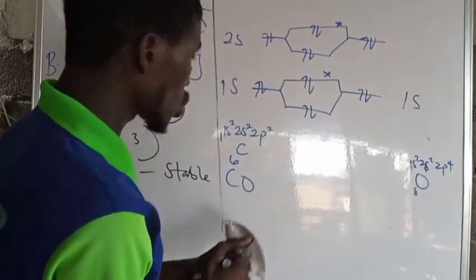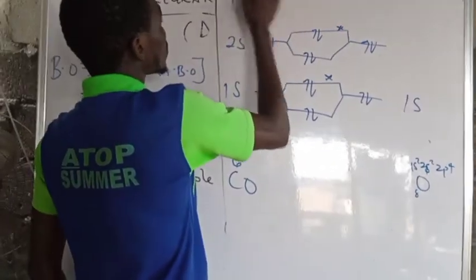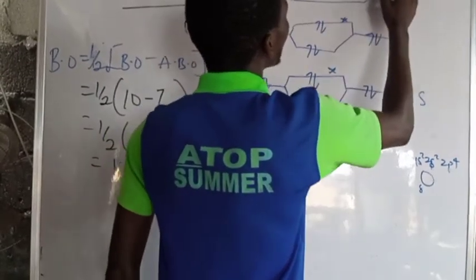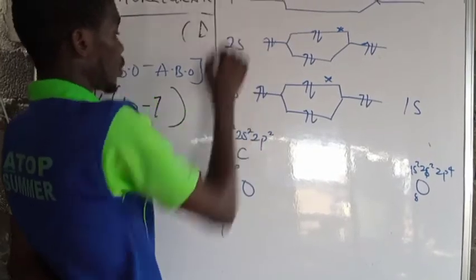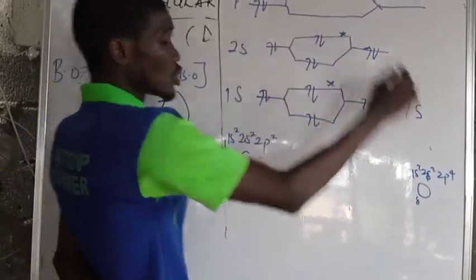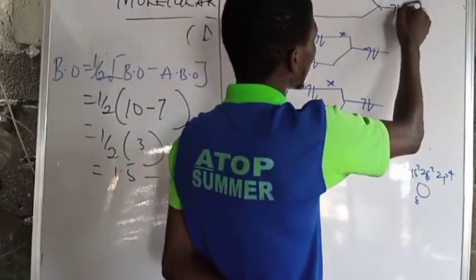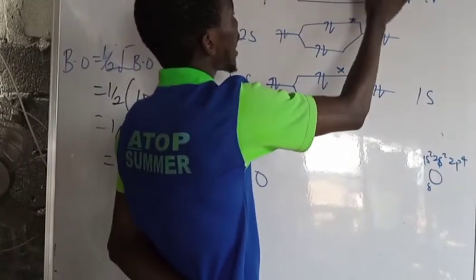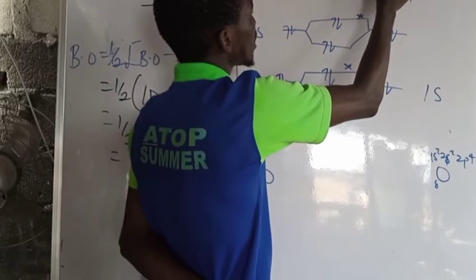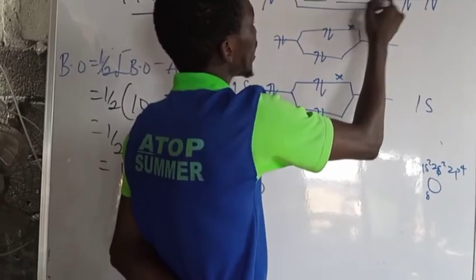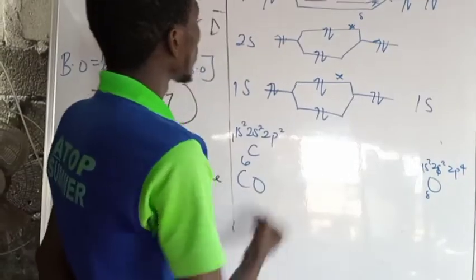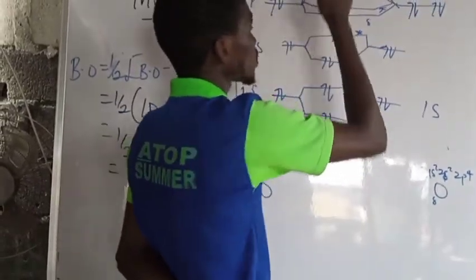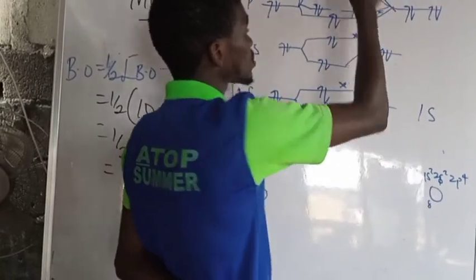Then the last one is 2p. For carbon 2p we have 1, 2. For oxygen 2p we have 1, 2, 3, 4. So the inner pi asterisk, then we have pi here, here we have sigma. So we move it here, then these two will come to the pi, while this one will come to this pi.